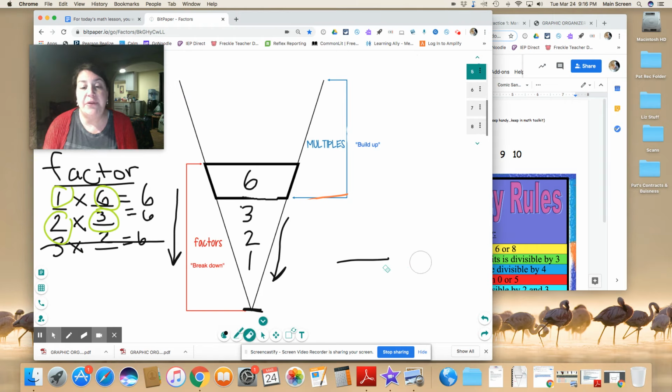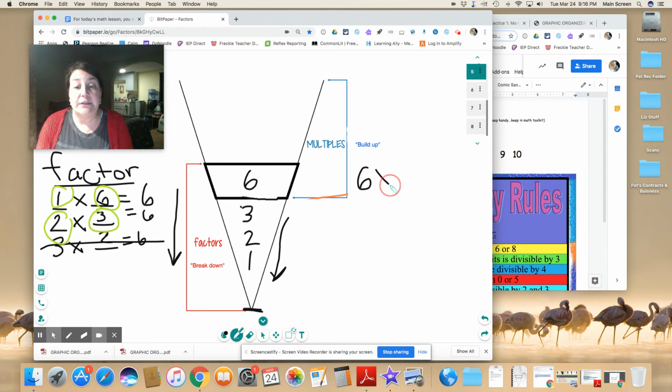Multiples build the number up, right? So what you're trying to do with multiples is you're asking yourself, what are you going to multiply that number by? Whatever you multiply that number by is going to be a multiple of 6. So 6 times anything will give you a multiple of 6.